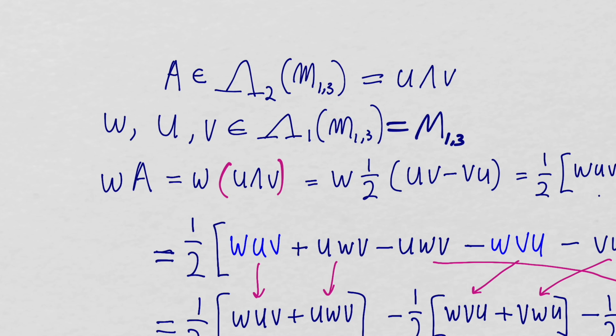Lambda 0 is just real numbers. So it's a little excessive, but this is to show that we're considering M13 as part of the Clifford algebra. And then we're going to form the spacetime product of the vector W with the bivector A, and we're going to write that as W spacetime product of U wedge V.